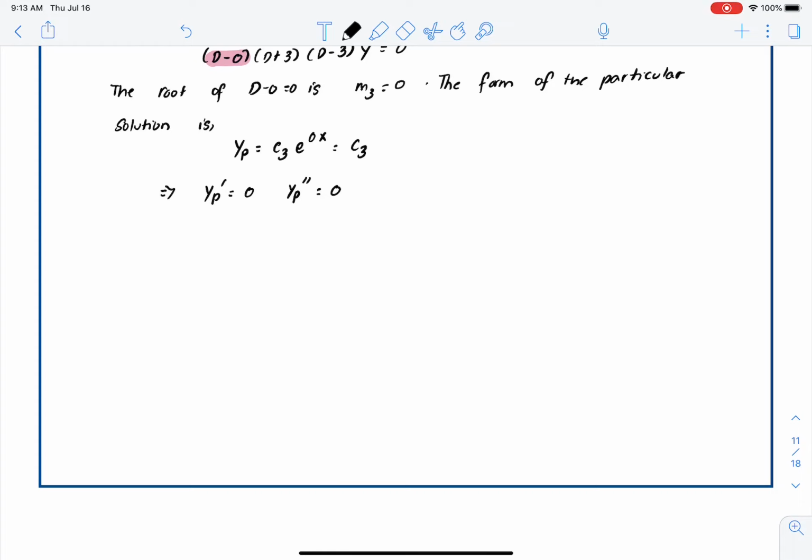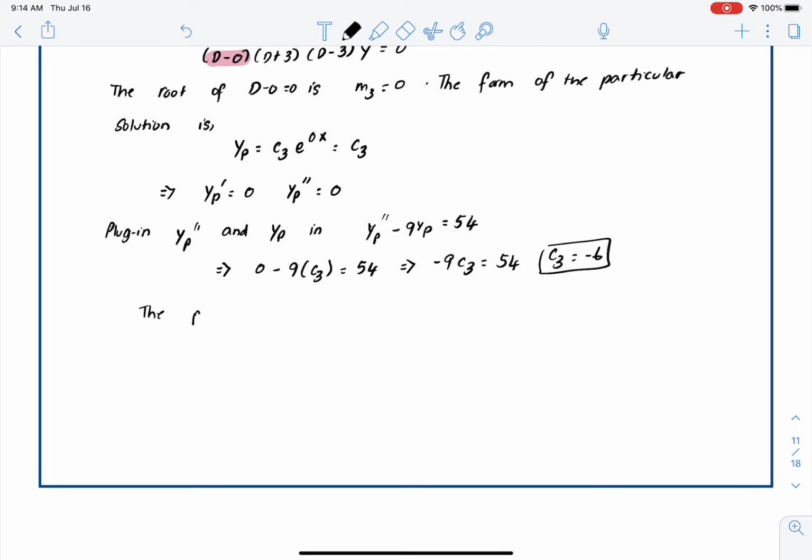We can take these values and plug in yp prime, yp double prime, and yp in the original differential equation, so we would end up having 0 minus 9 times c3 equals 54, which would imply negative 9c3 equals 54, c3 equals negative 6.